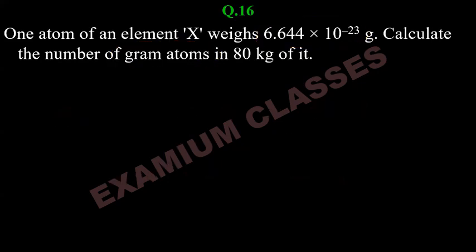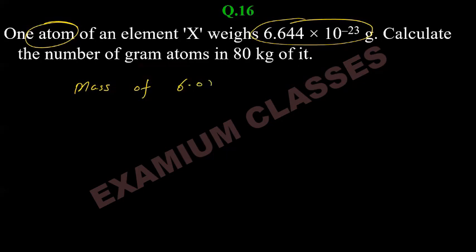You will say, if one atom weighs this much, then what will be the mass of 6.022 into 10 power 23 atoms? That will be equal to 1 mole, or atomic mass in grams.